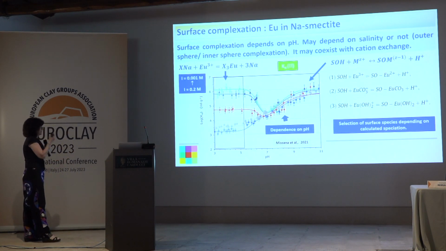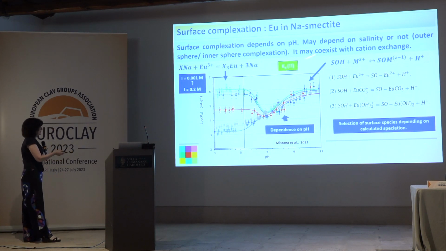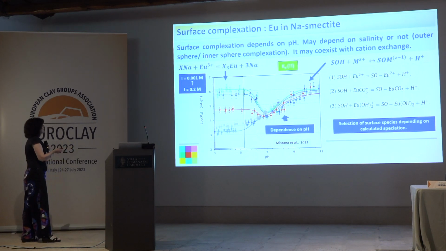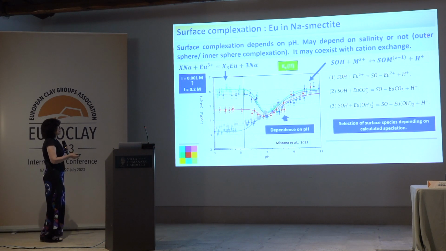The case of surface complexation. Surface complexation depends on pH and may or may not depend on salinity, depending on whether outer sphere or inner sphere complexes are formed, and it may coexist with cation exchange.